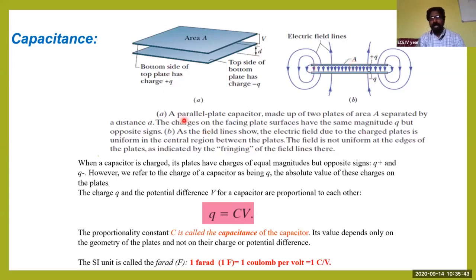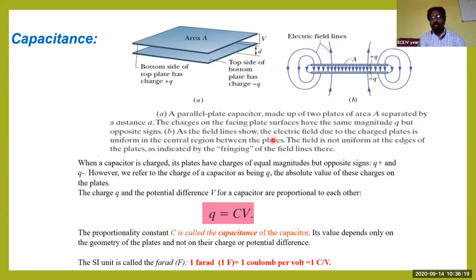So we have 2 parallel plates of area A separated by a distance D. The charge on the facing plate surfaces has the same magnitude Q. For example, it could be plus 4 coulombs and minus 4 coulombs: the same magnitude but opposite in sign.